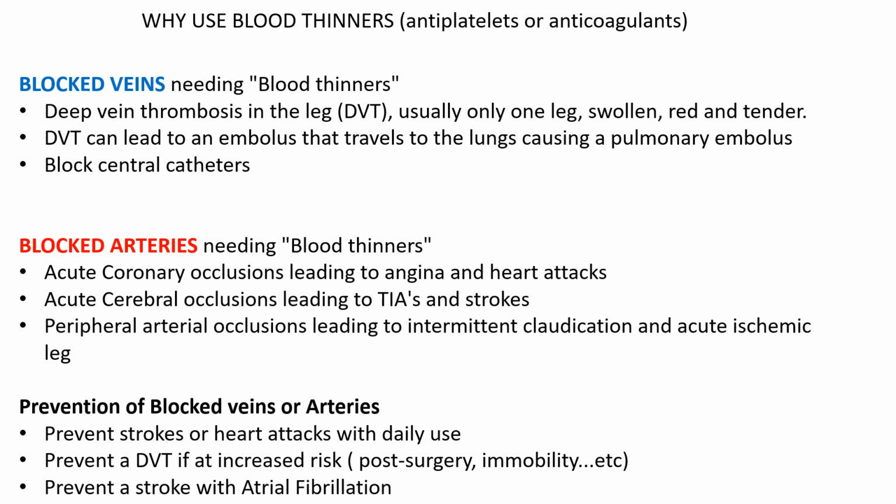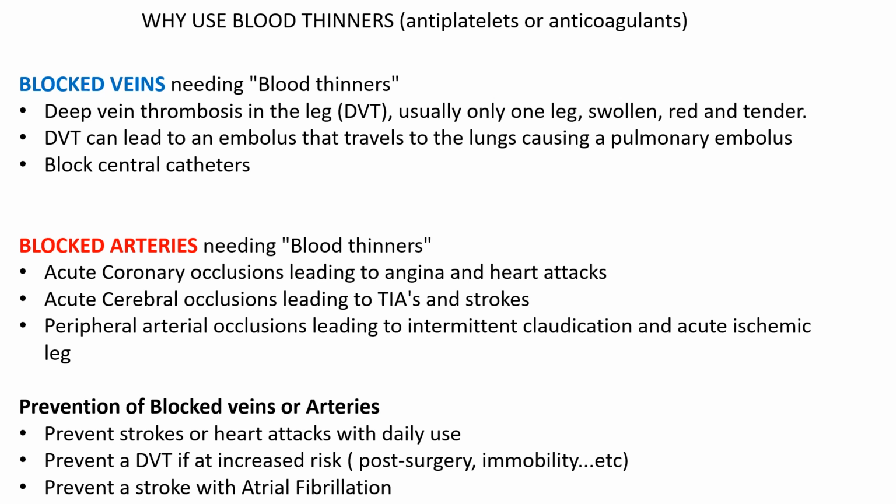Well, it's going to go with the blood flow into the inferior vena cava, travel to the right side of the heart, and then the right side of the heart will then pump it to the lungs, and it will result in a pulmonary embolus. Okay, so pulmonary emboli typically come from deep vein thrombosis.